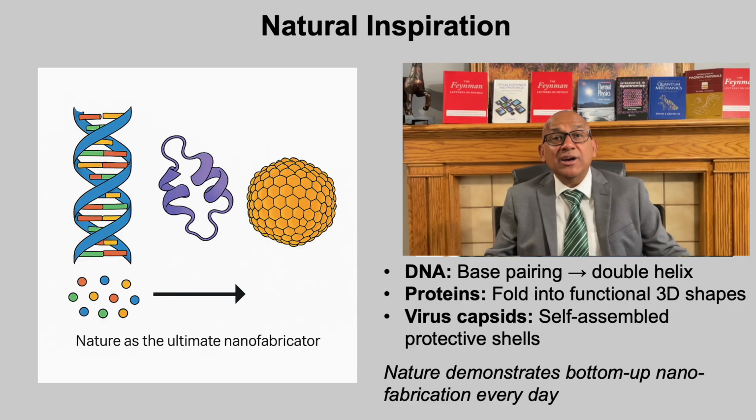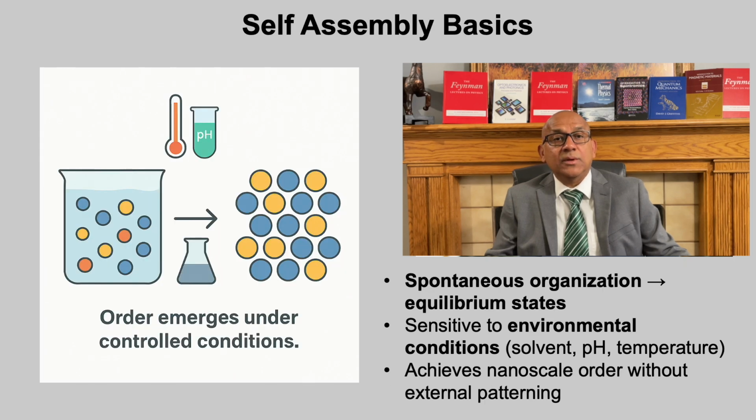Virus capsids are striking examples of self-assembly. Hundreds of protein subunits spontaneously arrange into symmetric shells that protect genetic material. These natural systems remind us that bottom-up strategies are not just possible but incredibly powerful, inspiring many of the approaches we adopt in nanotechnology today.